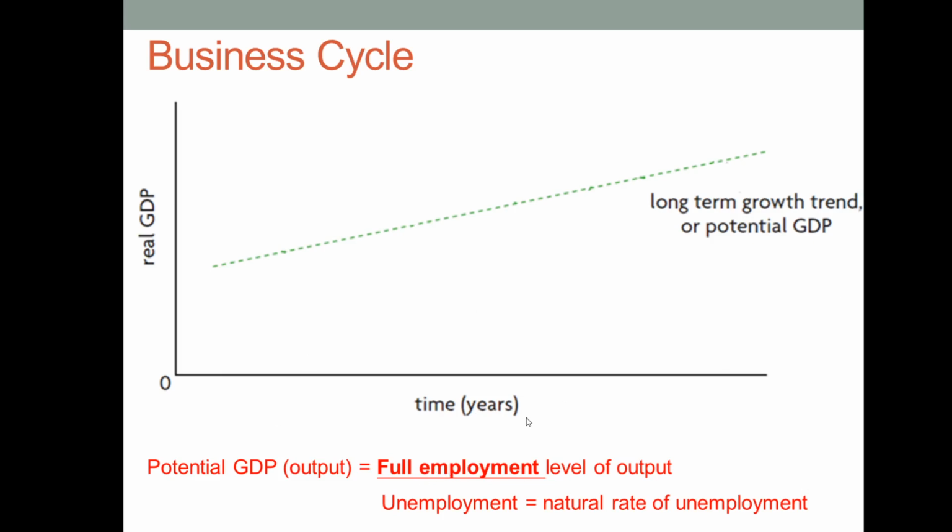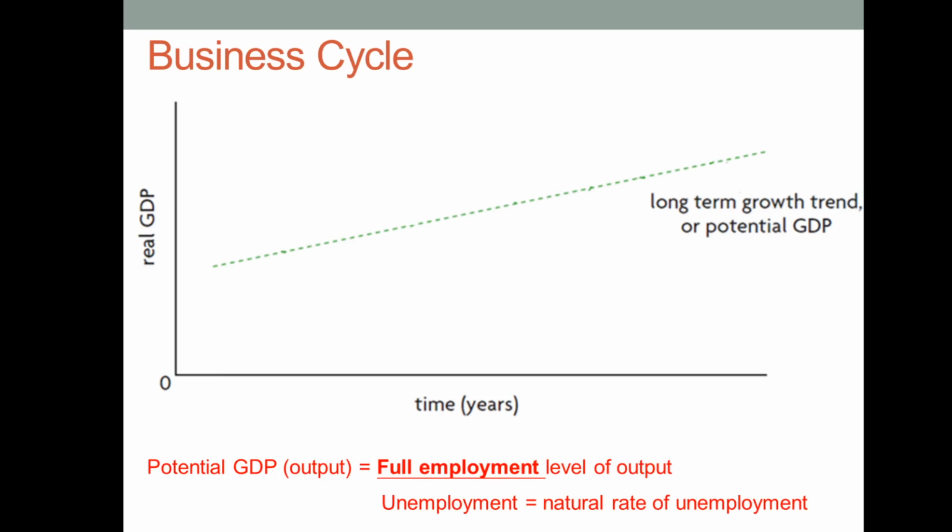When you're talking about full employment, there is natural unemployment. So what does it mean? Let's say you call 98% full employment, but it's not literally full employment when you take a look at the figure.